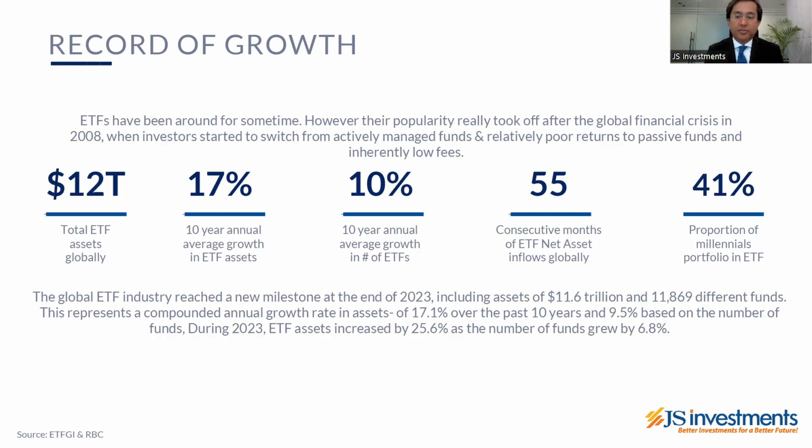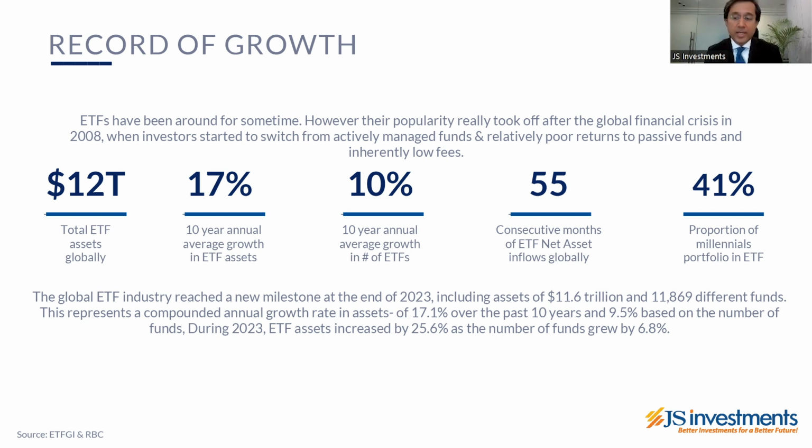Speaking of size and growth, the global ETF industry reached a new milestone at the end of last year, which was 2023, with assets of almost $12 trillion and close to 12,000 different funds. This represents a compounded annual growth rate in assets of 17% over the last 10 years and 10% based on the number of funds.